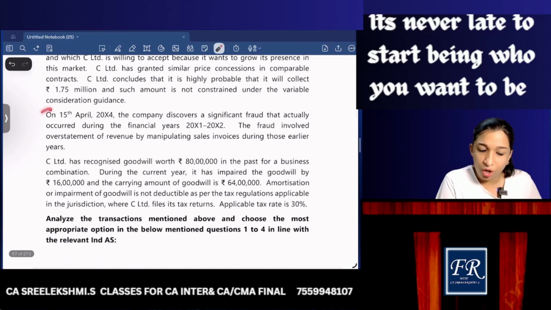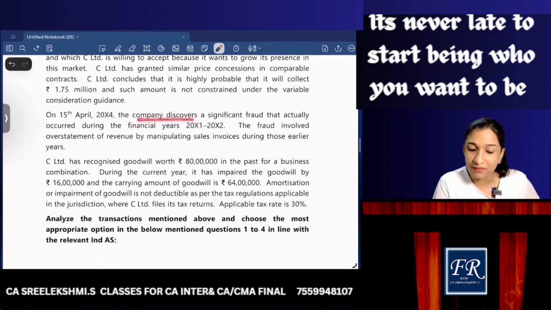Now, on 15th April, the company discovers a significant fraud that actually occurred during 11-12, 12-13, 13-14. The fraud involved overstatement of revenue by manipulating sales invoices during those earlier years.